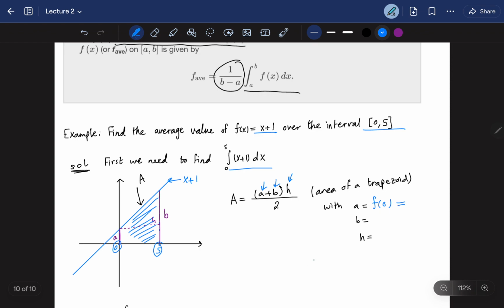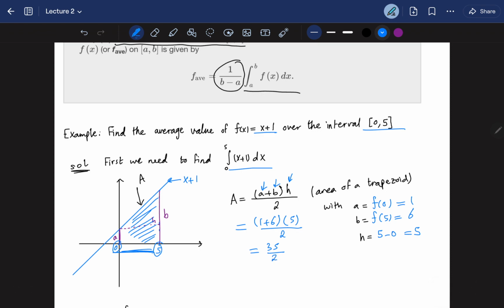If you substitute it into x plus 1, this is just 1. b is your f of 5, which is just 6. And then your height is the distance between 0 and 5, so that's just 5 minus 0, which is 5. If you plug it back into the formula of the area, this is 1 plus 6 multiplied by 5 divided by 2. So that's just 35 over 2.